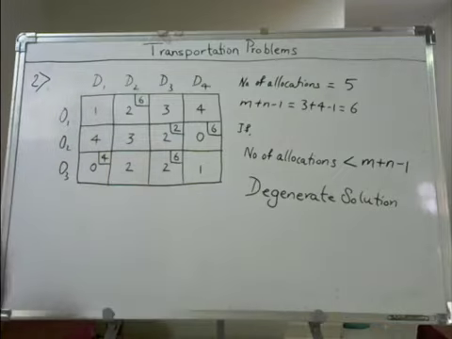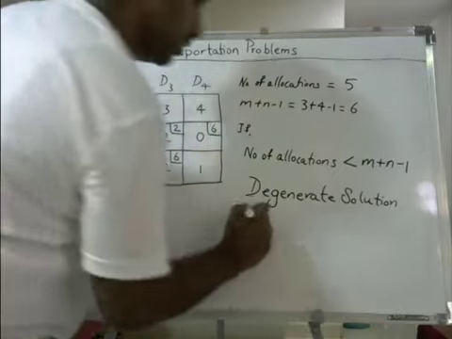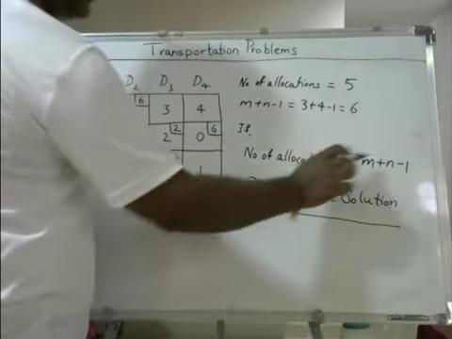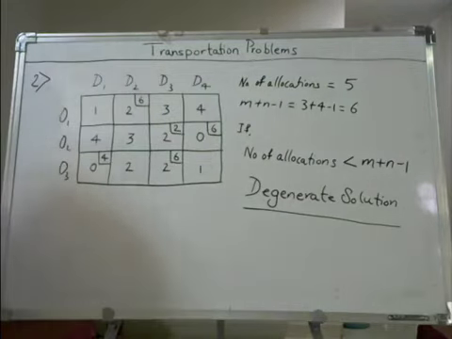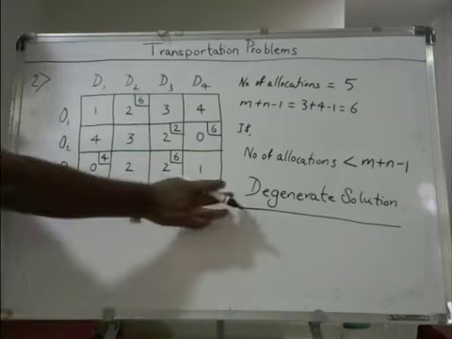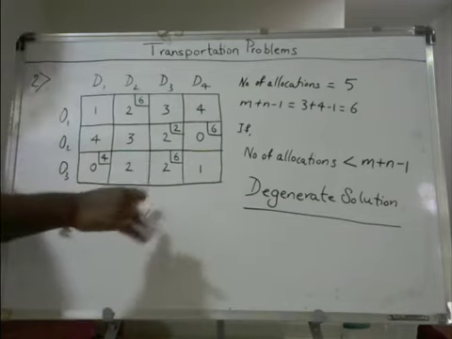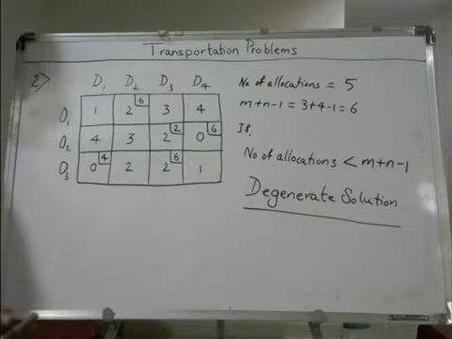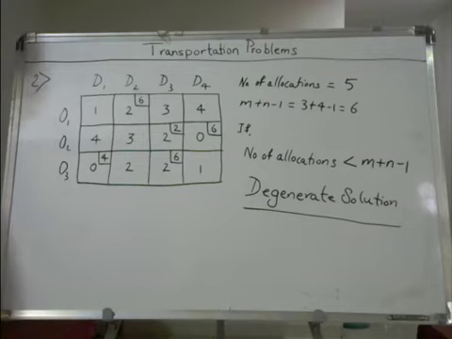When we get this degenerate solution, that is, number of allocations less than m plus n minus 1, we cannot solve the optimality tests. When we have a degenerate solution, we need to have a non-degenerate solution or a basic feasible solution. Then only we will be able to do it.